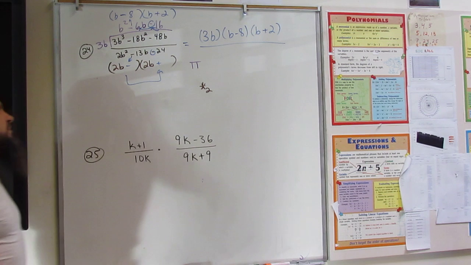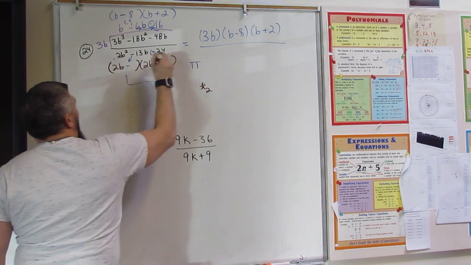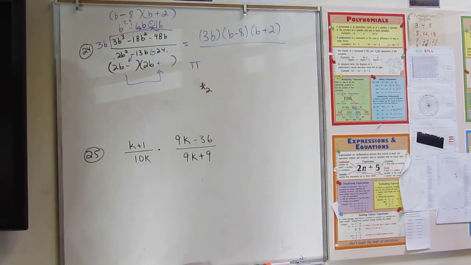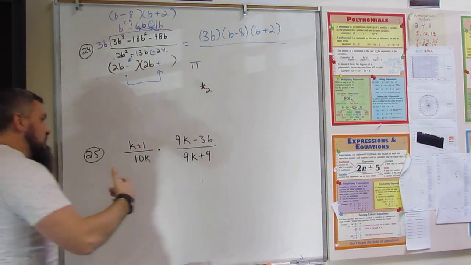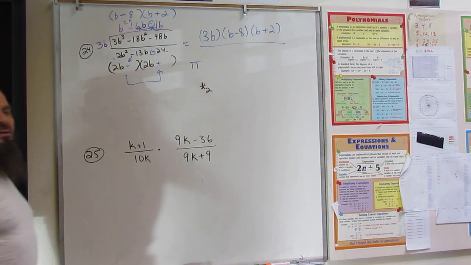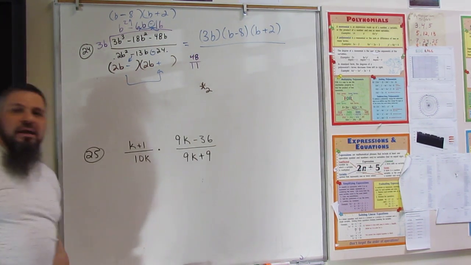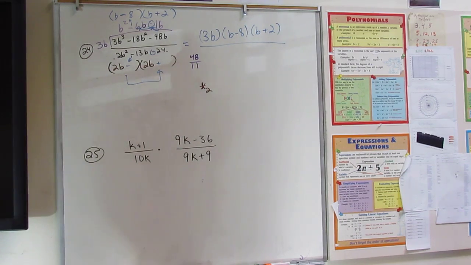What's my product? First times last. 2 times 24. 48. Okay? And then what's the sum?